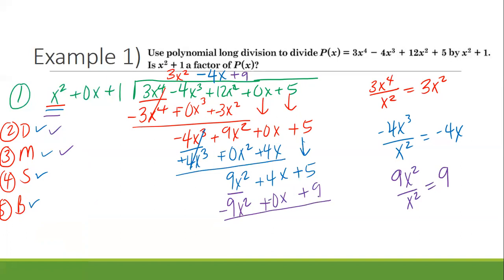So I subtract. That leaves me with 4x plus 14. And I'm not going to have to bring down because the degree of my remainder is less than the degree of my divisor.